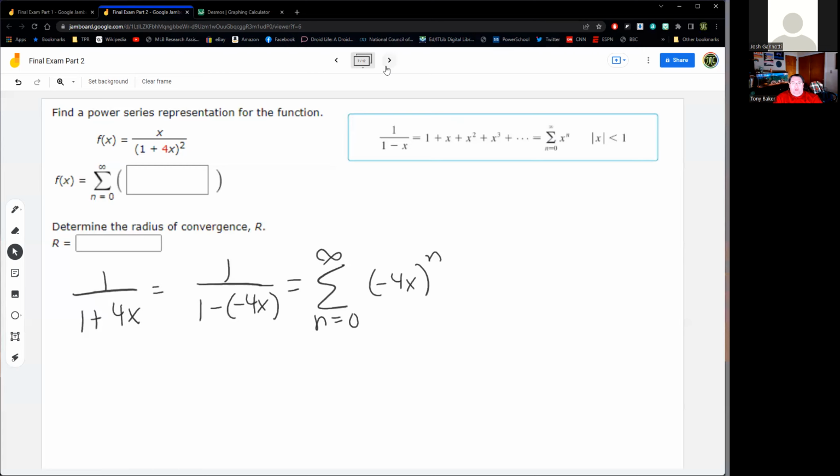So I know that works. That's there. Now, so I know that goes to that. So if I take this 1 plus 4x, I know that equals this.